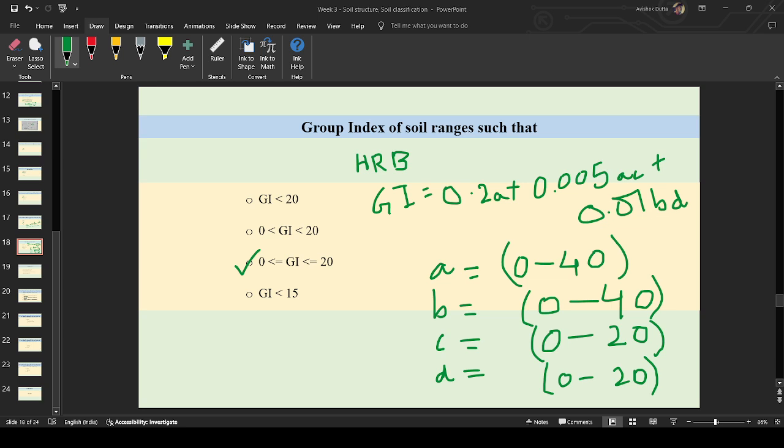Have you solved it? Okay, so this was the solution for the terminal velocity. The second question was the time of taking the hydrometer reading from start of sedimentation. Velocity equals distance per unit time, so time equals distance traversed divided by the velocity.